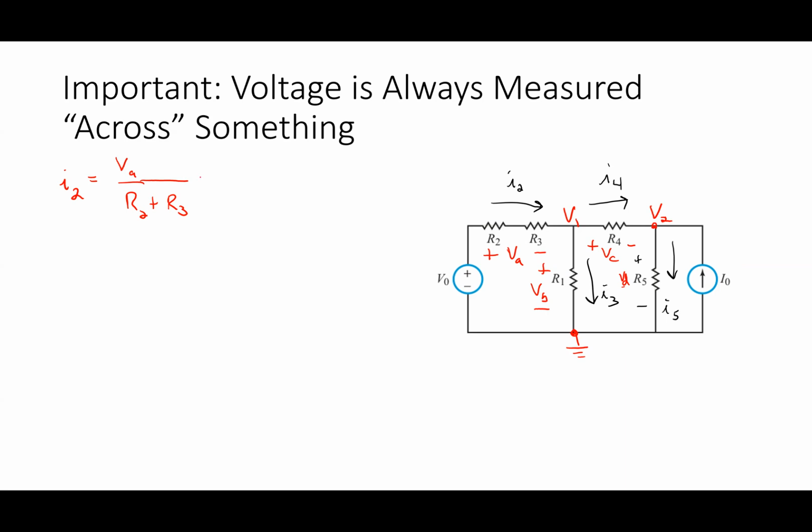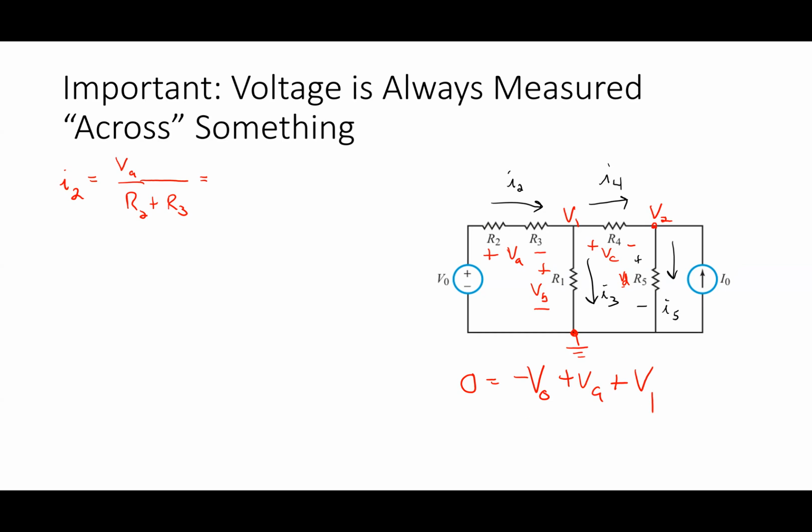I can transfer that Ohm's law statement into something that relates to the node voltages, right? In other words, if I did a KVL, for grins, around this loop here, the left side loop, I would get 0 equals negative V0 plus VA plus V1.